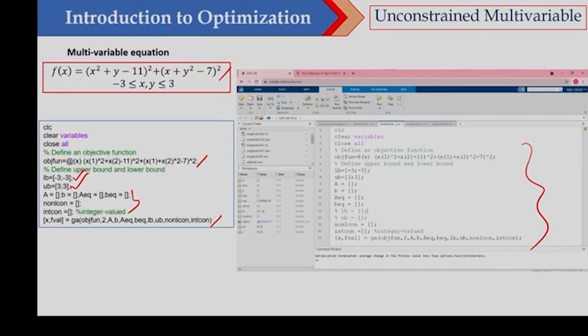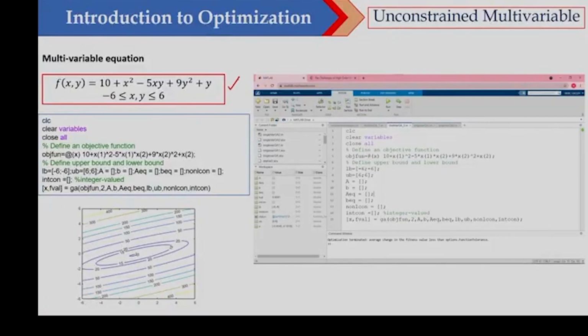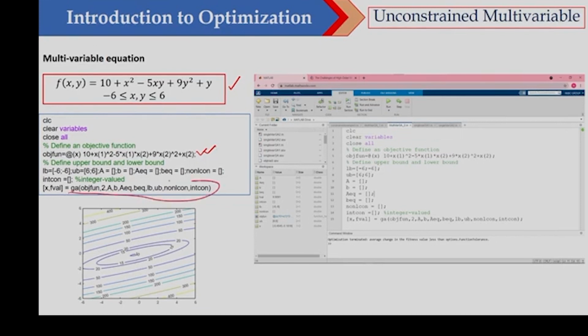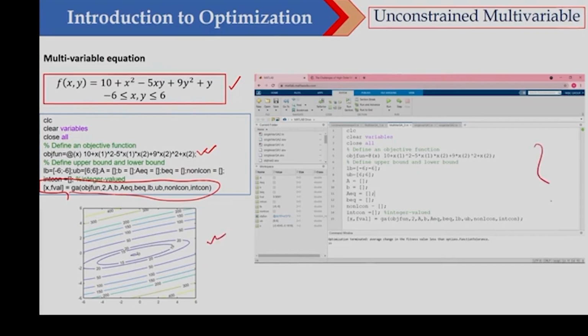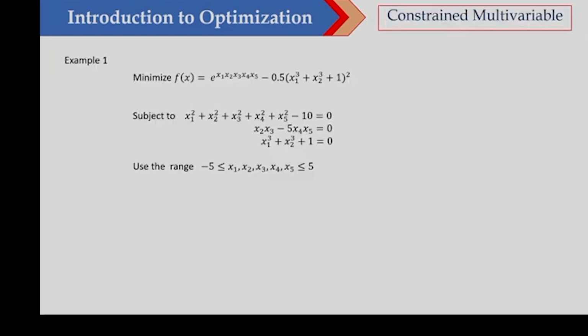I will show you that one. This is another problem, again a multivariable problem without constraint. Here I have defined the function, and then you apply this GA function to get the solution of this particular problem. Okay. This is the MATLAB code.